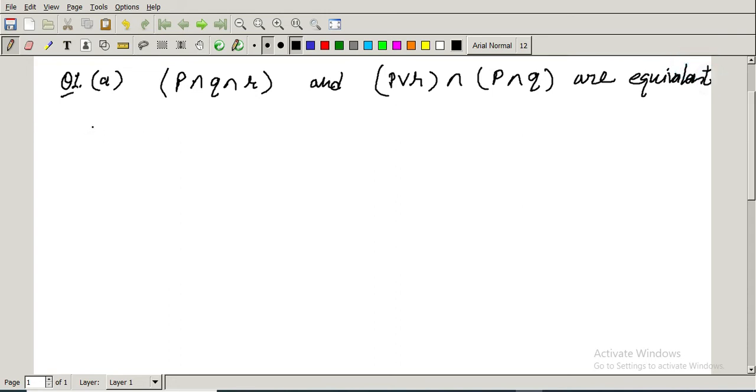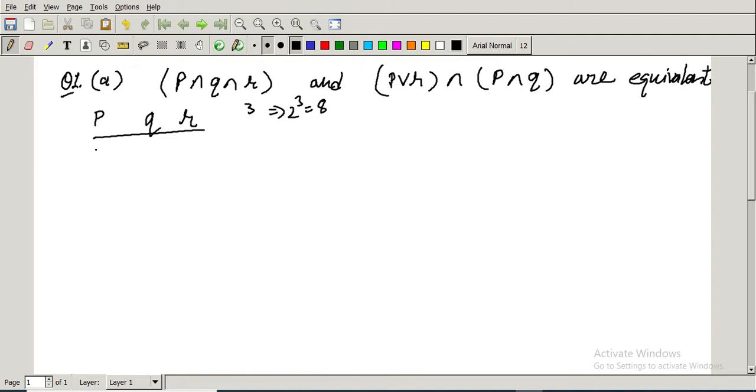To prove that we have to make a truth table. So let's make a truth table for that. These are the three variables, so three variables will have 2 raised to power 3, that is 8 combinations of true and false.